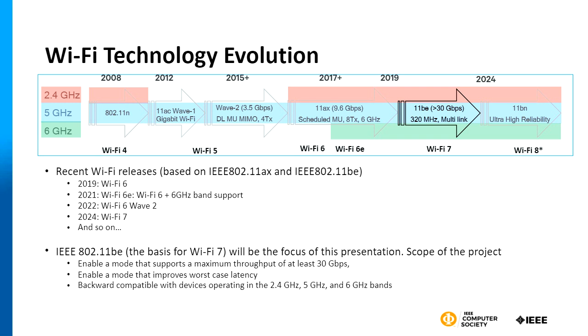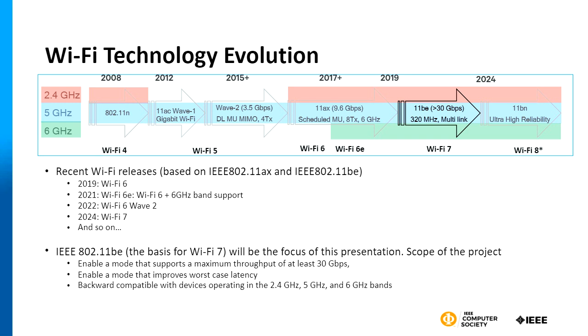So starting from 2008, we had Wi-Fi 4, which was based on 802.11n, and in 2012 to 2015, we moved to Wi-Fi 5, which was based on 11ac, and then Wi-Fi 6, whose products are still on the shelves.